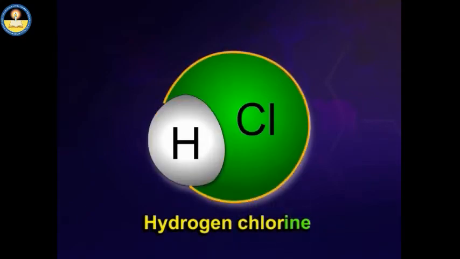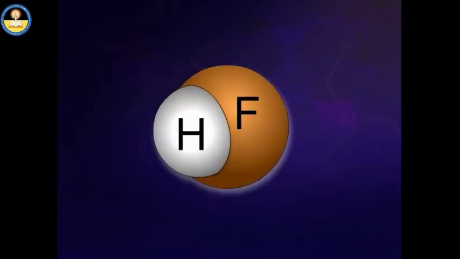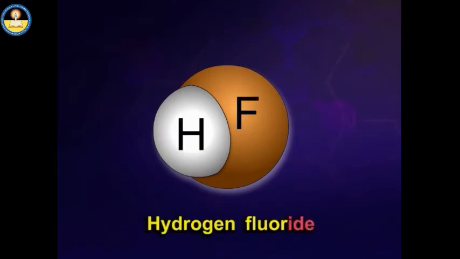The name of the other element is modified to end with "ide", that is IDE, and is written on the right-hand side. For example, as per our description, HCl is named as hydrogen chloride, HF as hydrogen fluoride, etc.